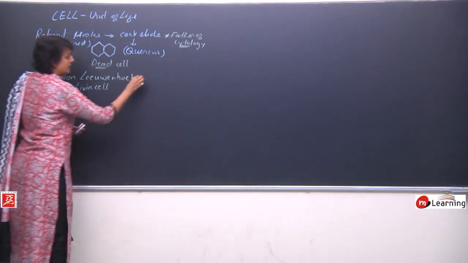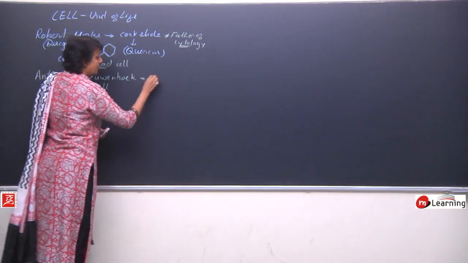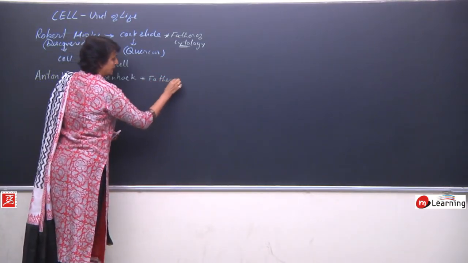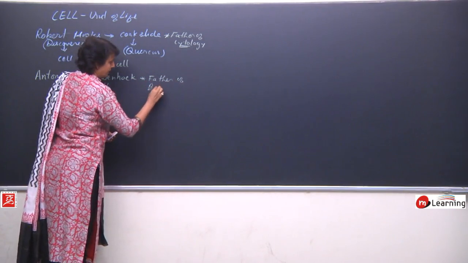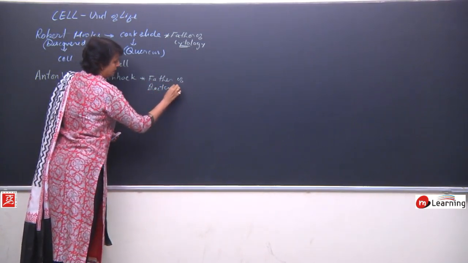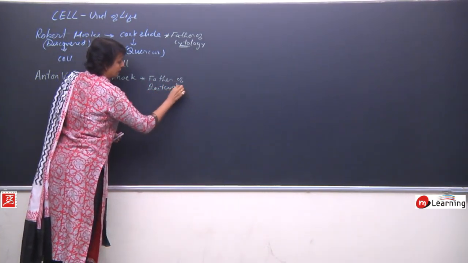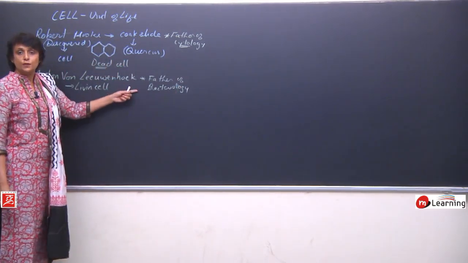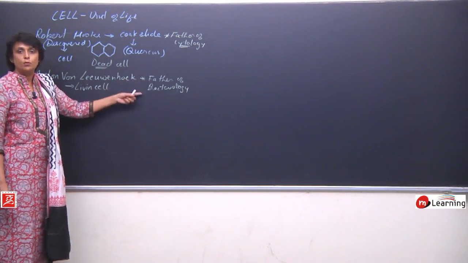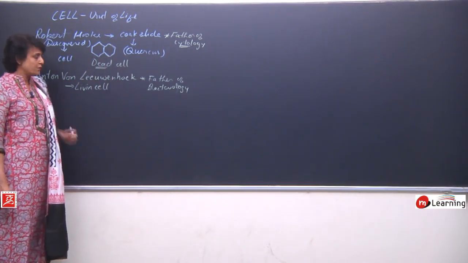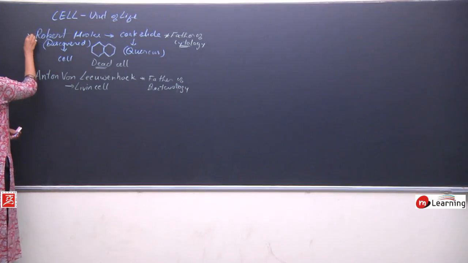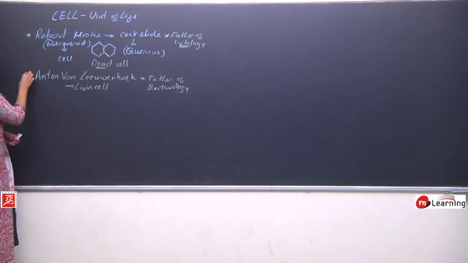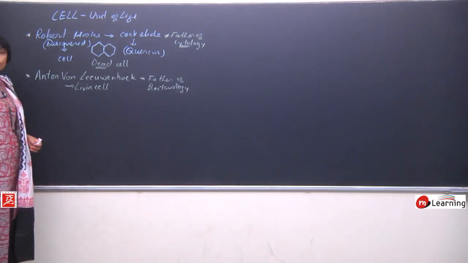Leeuwenhoek is named as father of bacteriology. Because of the cells which he observed for the first time, he observed bacteria, protists, protozoans, many types of cells. So one important scientist is Robert Hooke, the other one is Anton von Leeuwenhoek.